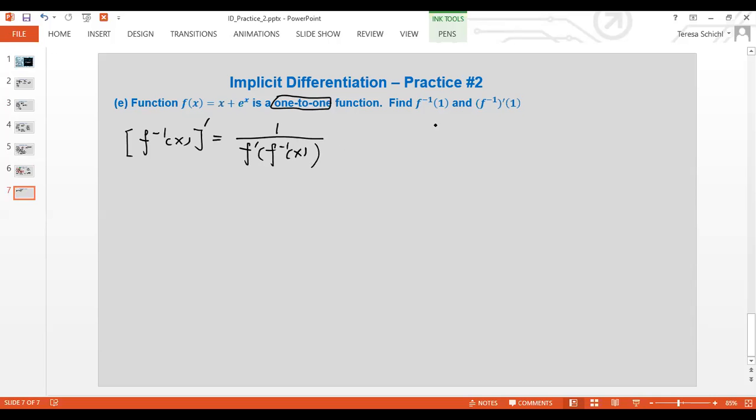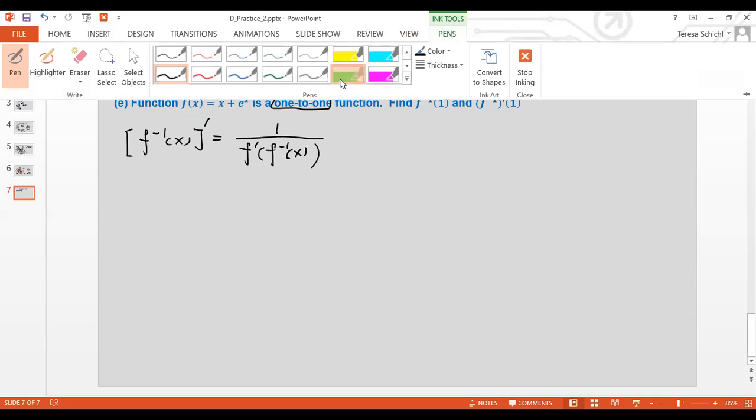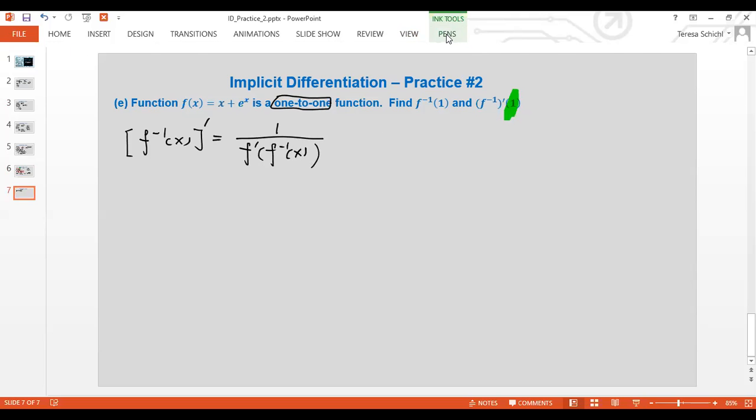Okay, so now we are looking for the derivative of f inverse at 1. That means I'm looking for f prime of f inverse of 1.